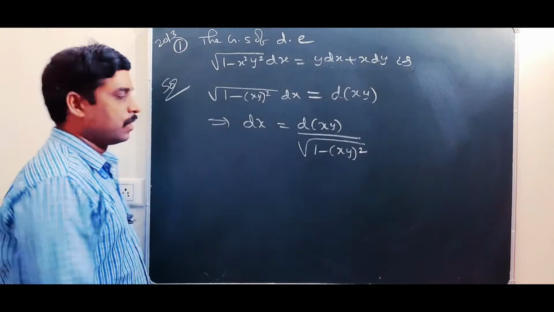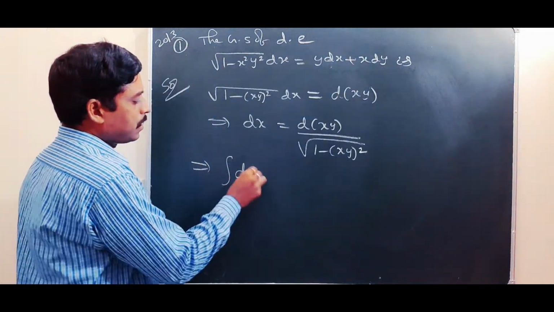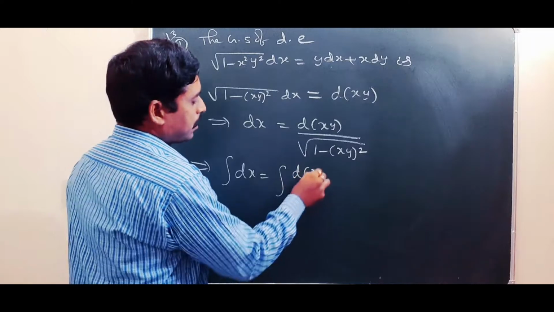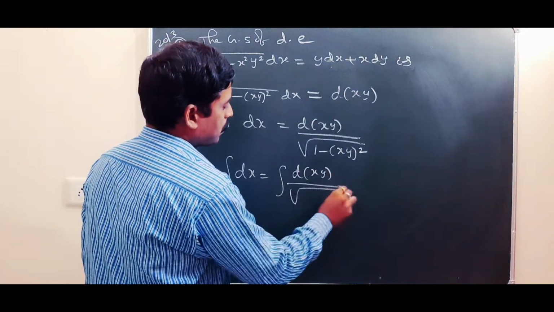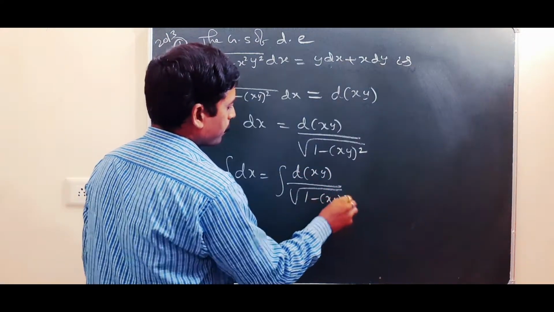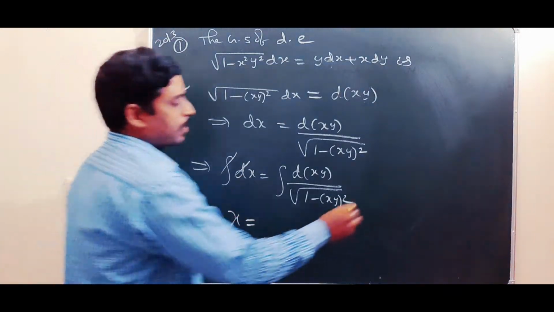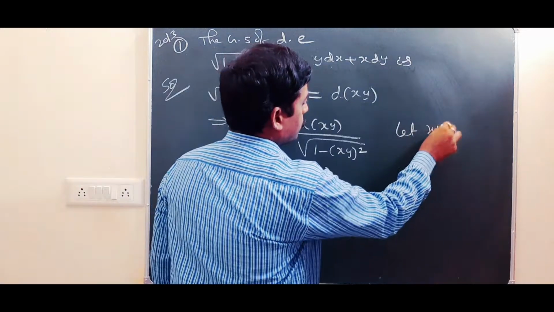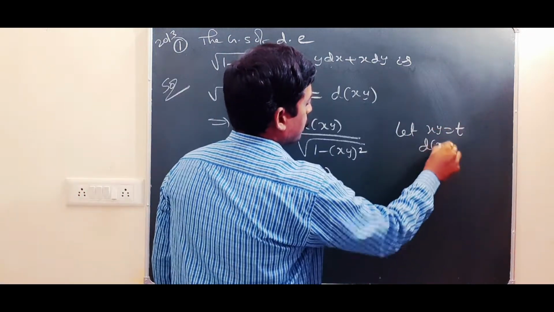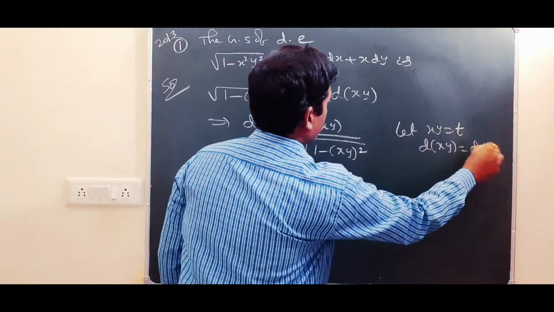Okay. Now taking integration on both sides, integral dx is equal to the integral of d of xy by root under 1 minus xy whole square. So let us take xy is equal to t. So derivative of xy is equal to derivative of t.